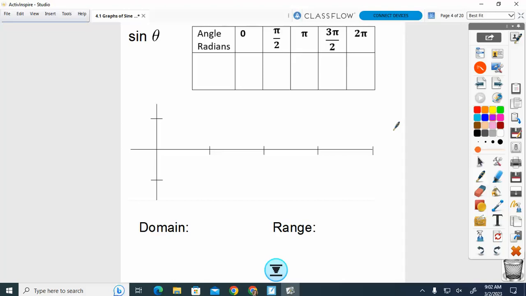I did give you kind of a chart already. It doesn't have every single point, so there's certainly more we could put on here. I just did a few major ones. These are the ones that we are going to use when we sketch our graph from here on out. Now, if we need to put in some more today so we can figure out what it looks like, then we will. So we are going to figure out the sine of each of these.